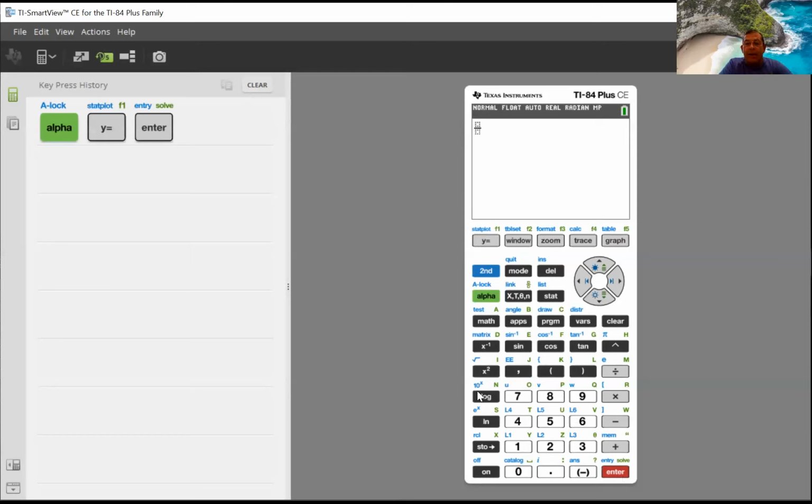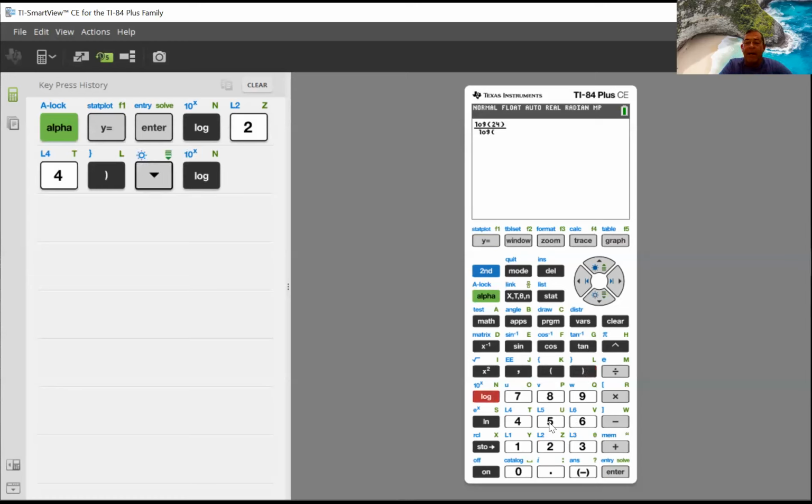And then I had log of 24. So we want to shut that parentheses and then arrow down on bottom, and we had a log of 5. And then close those parentheses. So now it looks just like I had it on my paper.